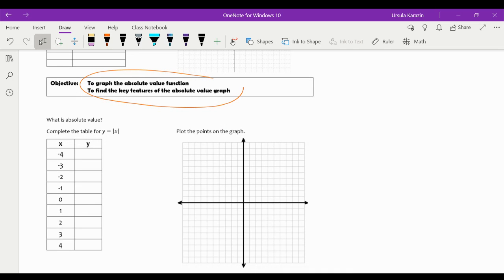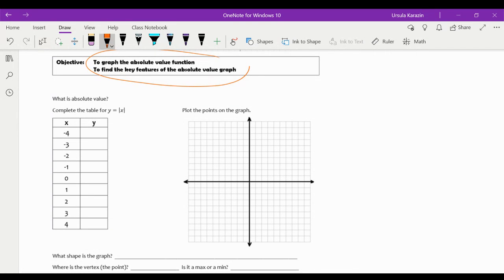Okay, so the absolute value function, remember, absolute value is distance from 0, and that's why it's always positive, because when you measure distance, it's always going to be positive. So I have a whole list of x values here, and my y values, remember, if I take the absolute value of -4, it's just +4.